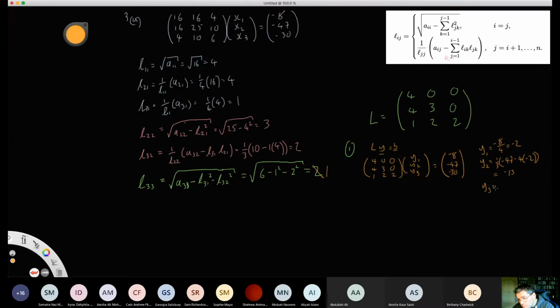And Y3, the coefficient of Y3 is 2, so that's going to be 1/2 minus 30 minus 1 times Y1, which is plus 2, and minus 2 times Y2, which is plus 26. Running out of space a wee bit, but minus 30 plus 2 is minus 28, plus so that's going to be minus 1.